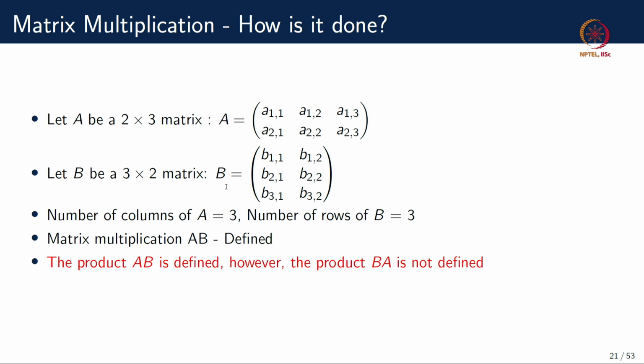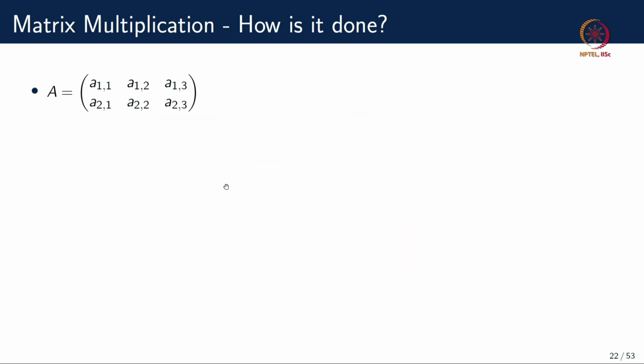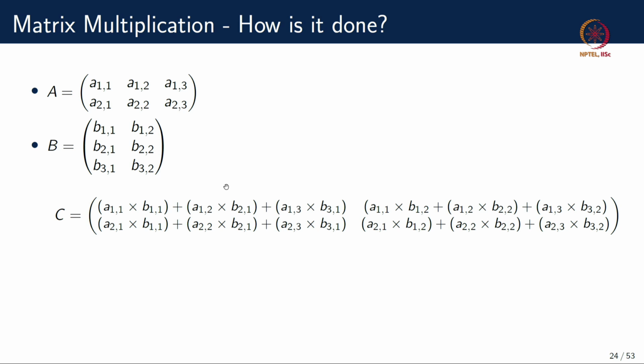We take the same matrices A and B: A11, A12, A13, A21, A22, A23, and B: B11, B12, B21, B22, B31, B32. The product AB, C, is equal to, there are four terms: A11 into B11 plus A12 into B21 plus A13 into B31.